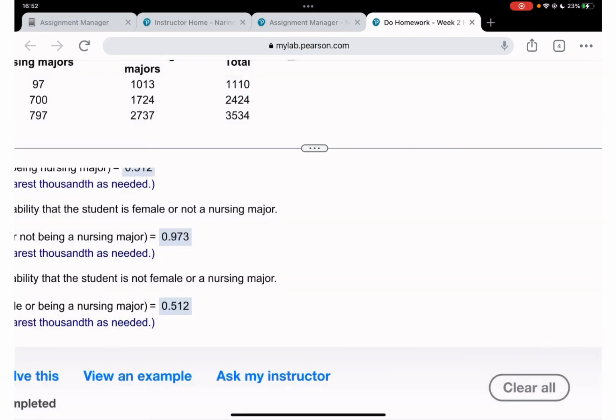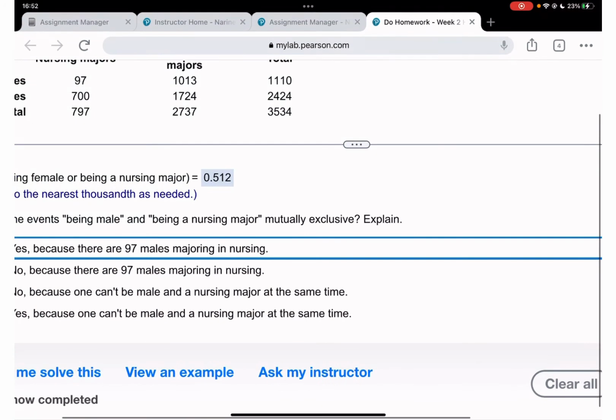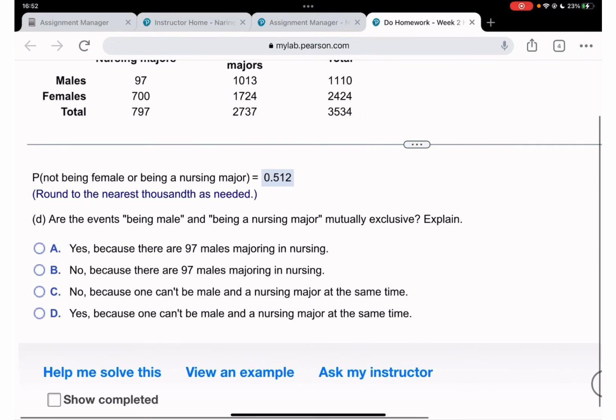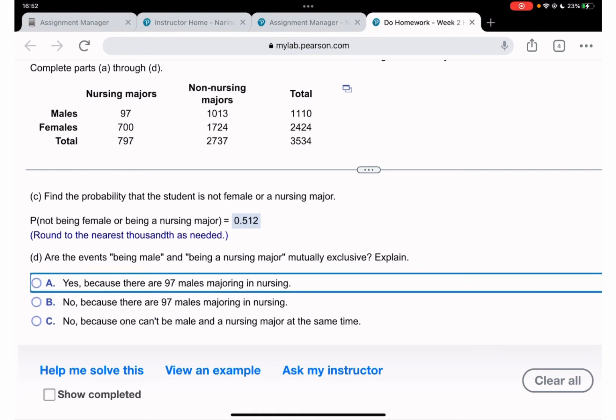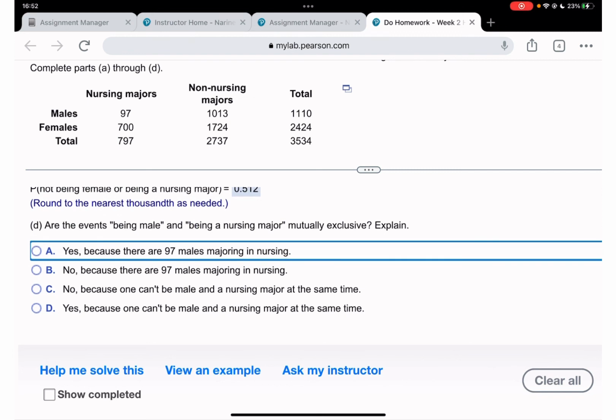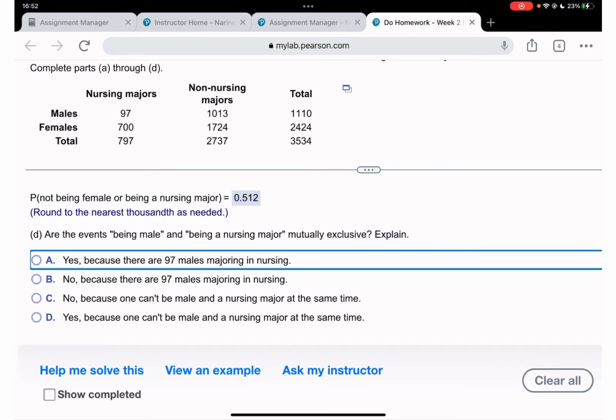Well done. Okay, what else do we have left? Are the events being male or being a nursing major mutually exclusive? Let me see. We have 97 students who are male and nursing major.